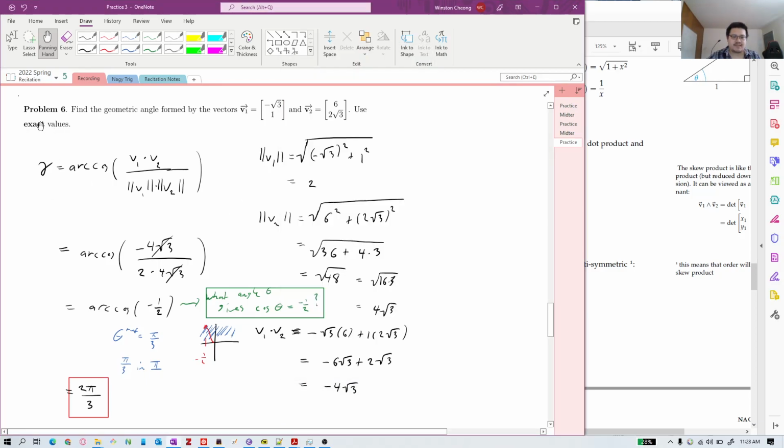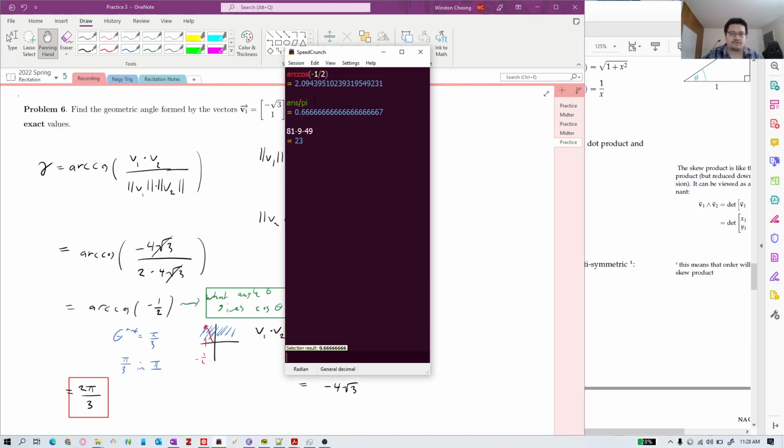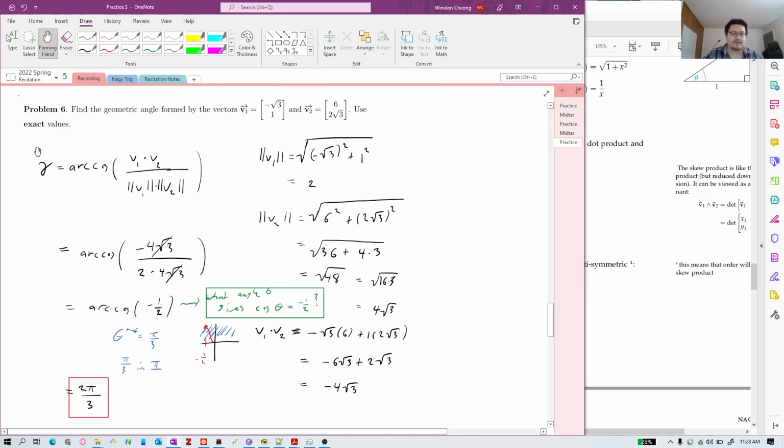Do note that it says exact values. So if you wrote it like this, it's not going to be acceptable. Right? It has to be exact. Okay. How would we think about this? So one thing I've drawn here in green is that this statement is kind of the same thing as saying what angle theta gives, well, we have that cosine of that angle equals negative 1/2, right?